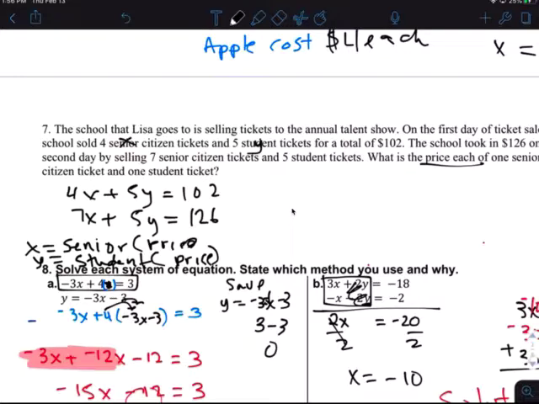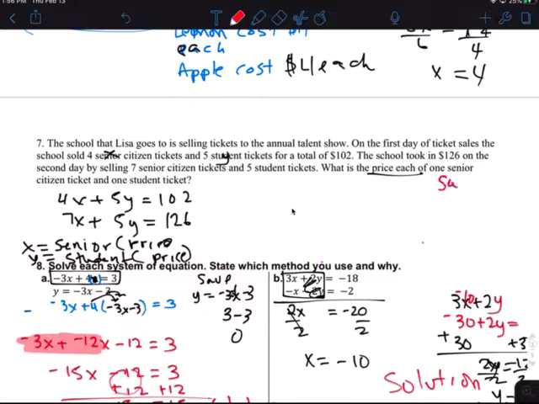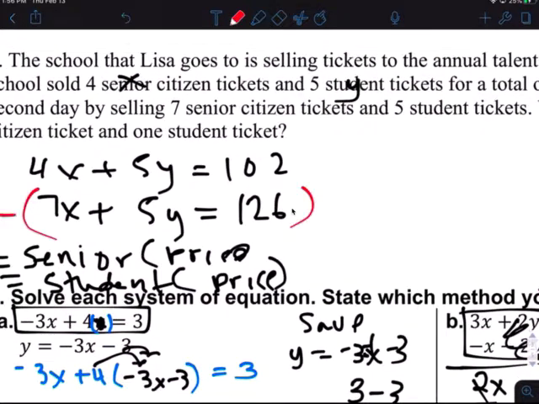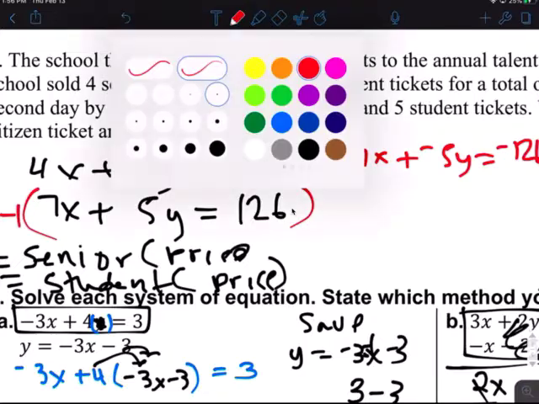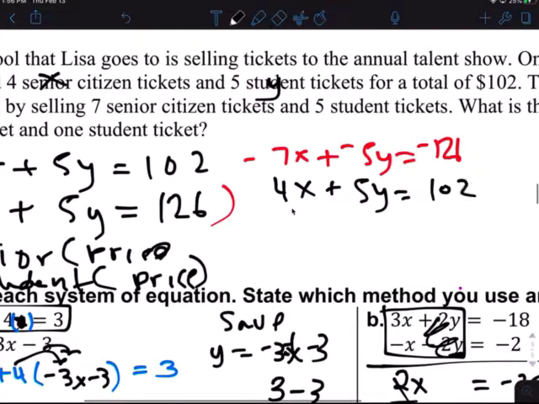Okay, and then you make one of them equal, let's say 4x plus 5y equals 102. Make sure you multiply by a -1, so you get -7x plus -5y equals -126. And the other one, you keep it the same, 4x plus 5y equals 102. You get -3x.